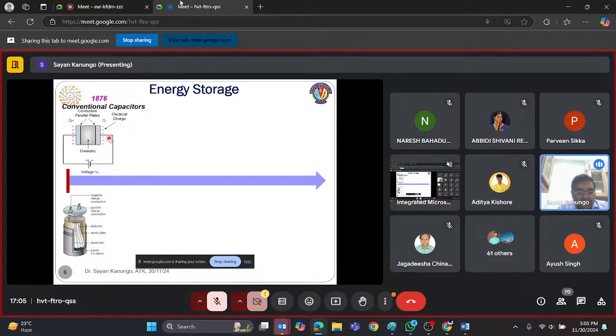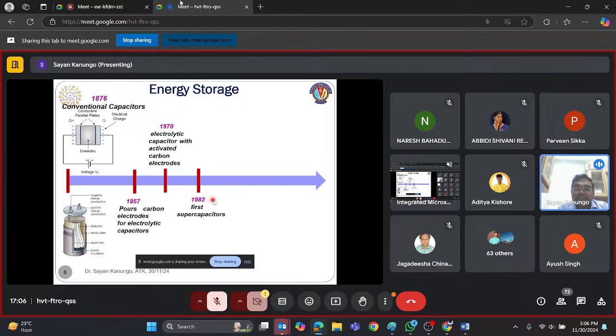The major technological development in modern capacitors started in 1950, where porous carbon electrodes, followed by activated carbon electrodes, were introduced into the design of the electrolytic capacitor. Following this development, the concept of the supercapacitor was first introduced around 1982.